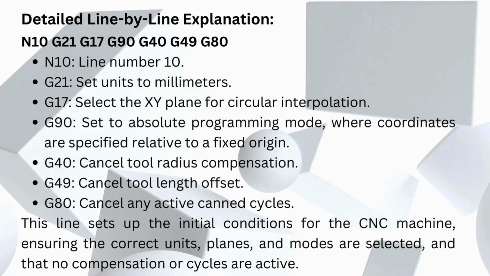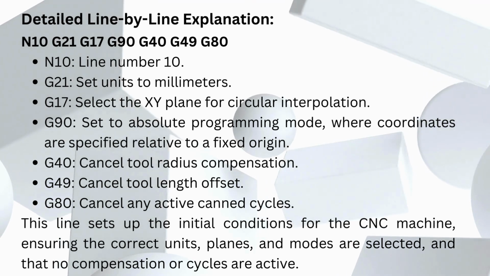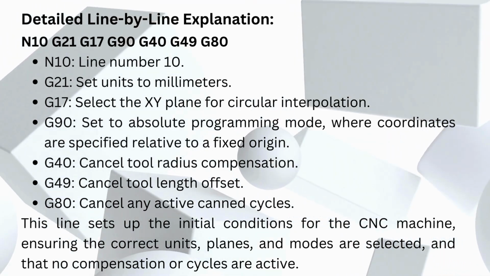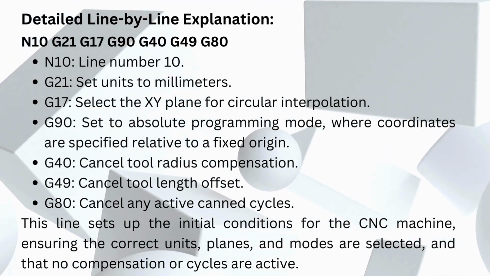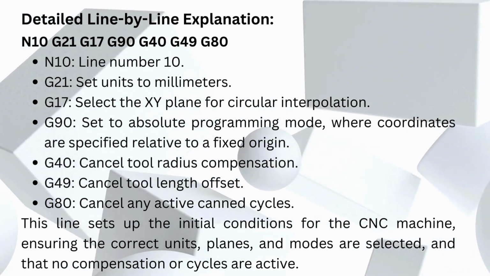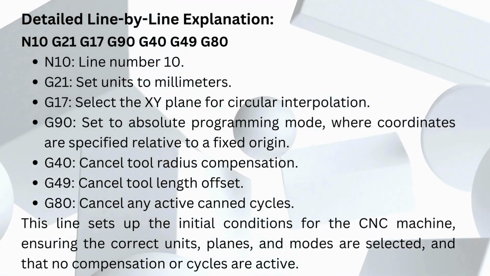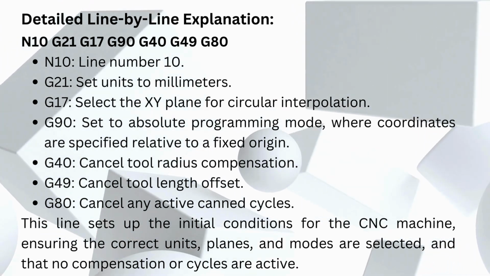N10, G21, G17, G90, G40, G49, G80. N10, line number 10. G21, set units to millimeters. G17, select the XY plane for circular interpolation. G90, set to absolute programming mode, where coordinates are specified relative to a fixed origin.